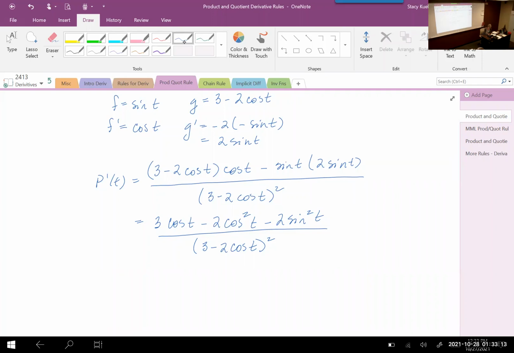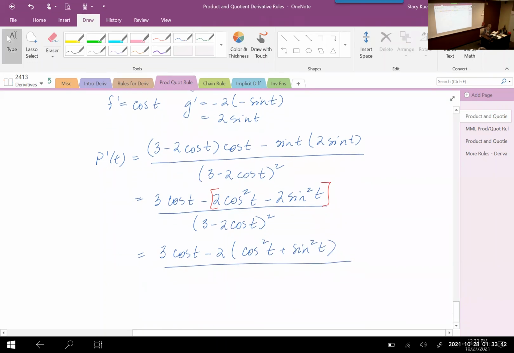Now, we're going to clean up this numerator. I've got 3 cosine t. I am going to take out of this section here, I'm going to factor out a -2. Minus 2 times cosine squared t plus sine squared t. Jonathan, what's that? All over 3 minus 2 cosine t squared.